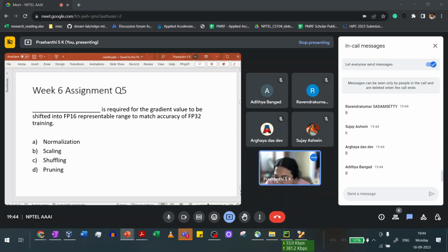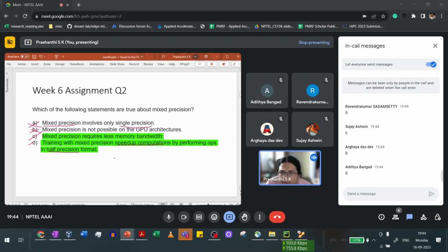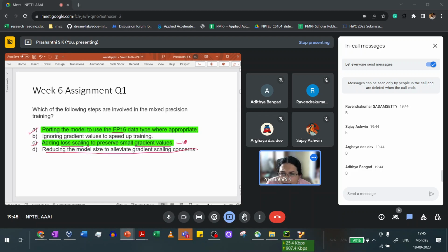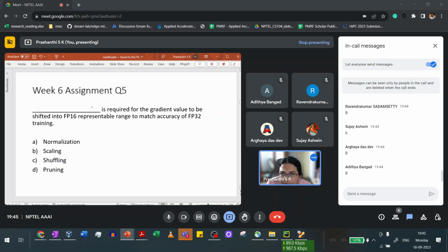Okay, we have an answer saying B. Everybody thinks it is B. Yes, it is scaling, like we just discussed, I think 2 questions before, right? Yeah, this loss scaling. So that's kind of the idea. So I think this is also clear.